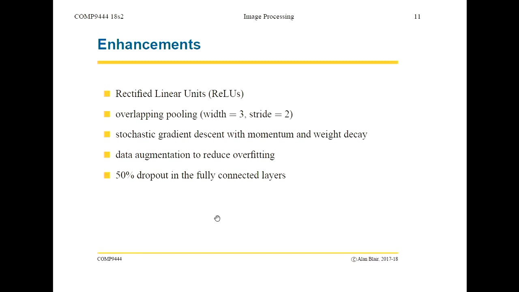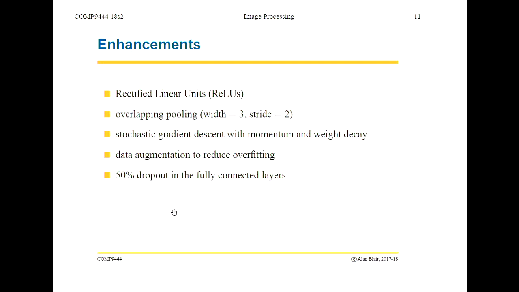Now, we looked at some of the innovations that were introduced for this. The rectified linear units were used for the first time in a serious way. They had the overlapping pooling. They used data augmentation, so they shifted the images a little bit by 1 pixel and that sort of thing to create new images.